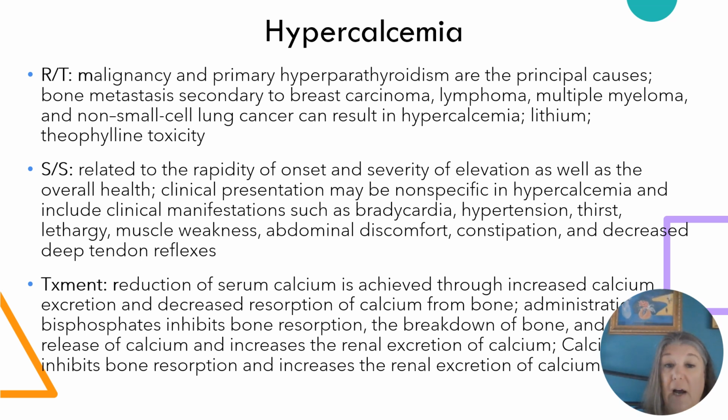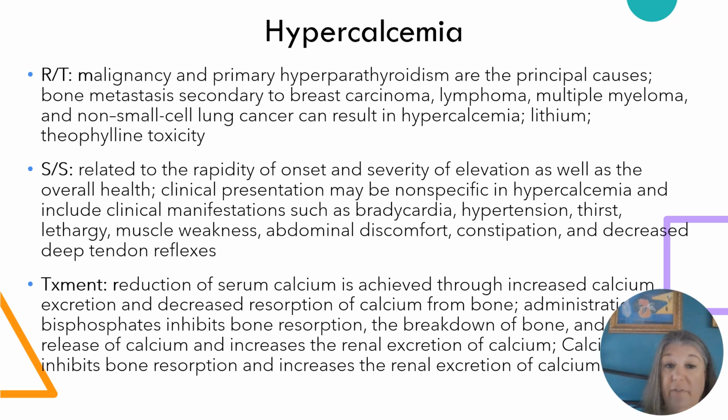We're going to give IV bisphosphonates. One of the things that we use, because IV bisphosphonates inhibit bone reabsorption, or the breakdown of bone and the release of calcium. So it's going to increase renal excretion of calcium. So IV bisphosphonates is going to help our kidneys get rid of that calcium.